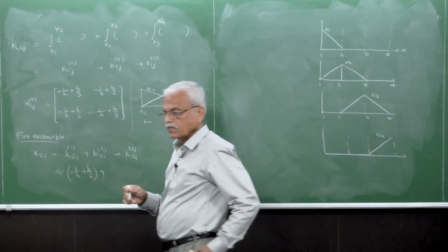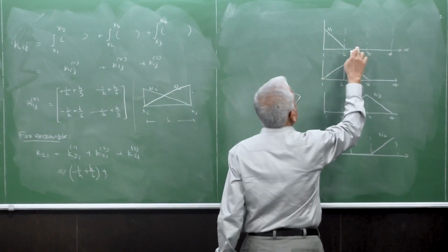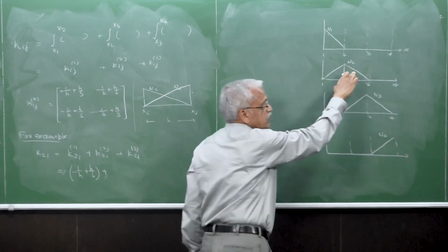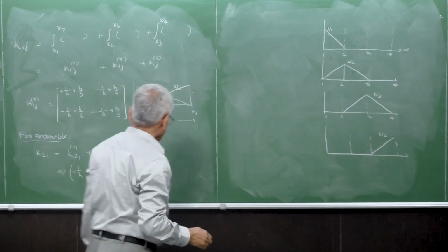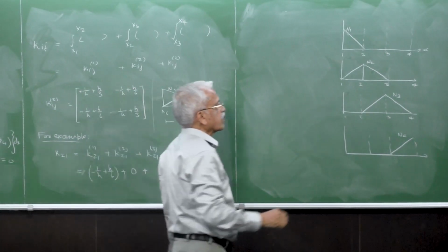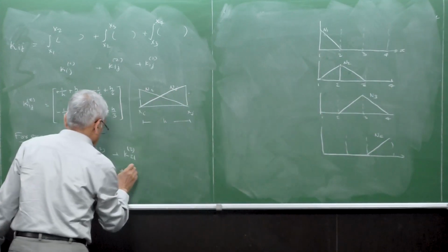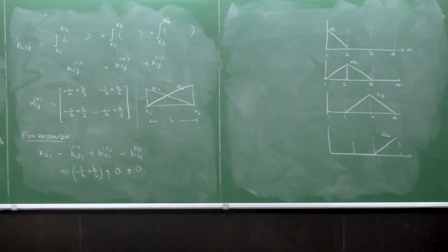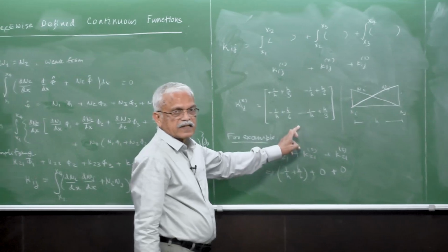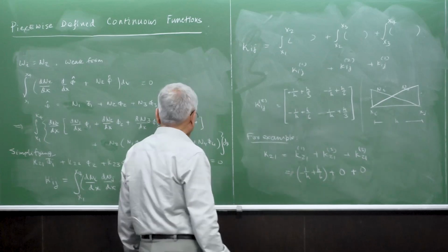If you look at element 2, N2 is non-zero, but there is no N1 here. So this contribution is 0. And similarly, K21 coming from the third element, both are 0. So this is how we can find K21 very quickly by having a general element contribution like this one.